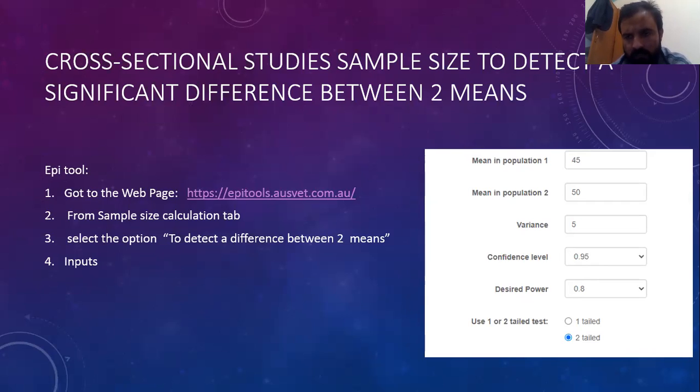Even for some cases we can also take 0.7, which is low power for detecting the true null hypothesis, or for making a correct decision.